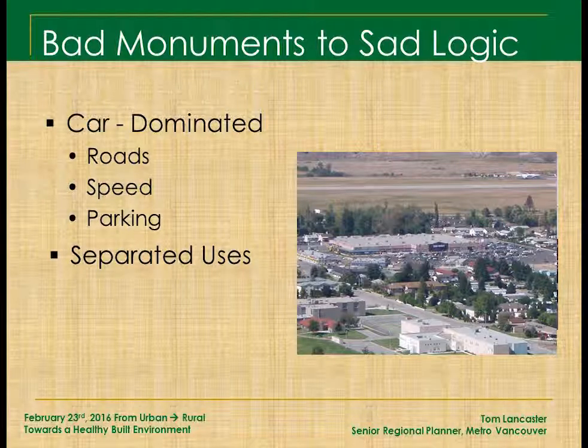It was post-war. There was a lot of money coming into North America, especially Canada, in the rebuilding efforts. And there was a lot of development that happened. And a lot of that development was, 100% of that development was oriented around cars. And so now we're left with some of those bad monuments to the sad logic of only developing around the single occupant vehicle as the way people move.